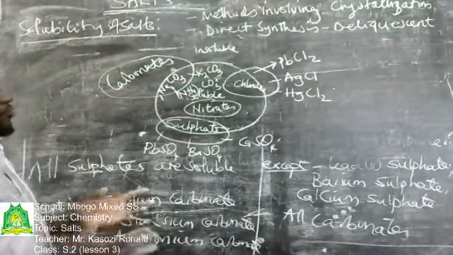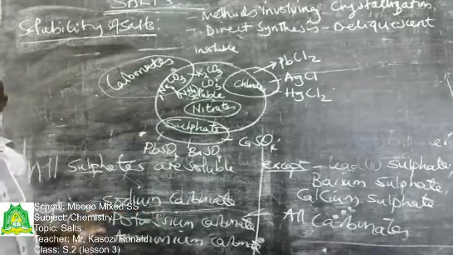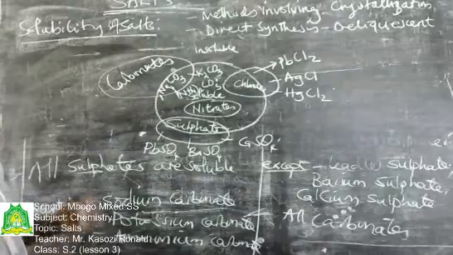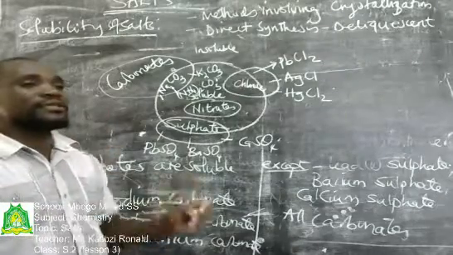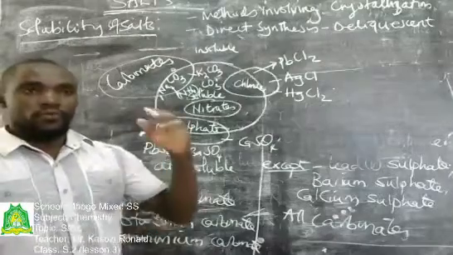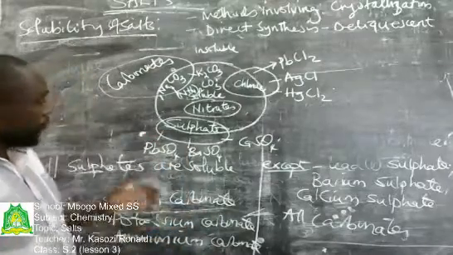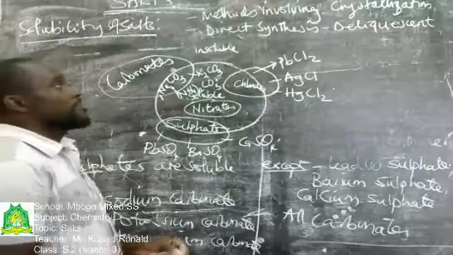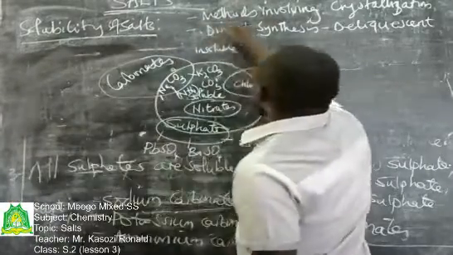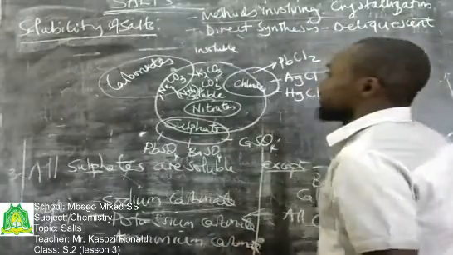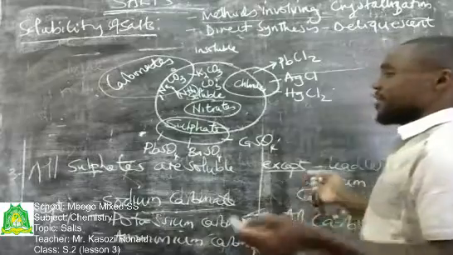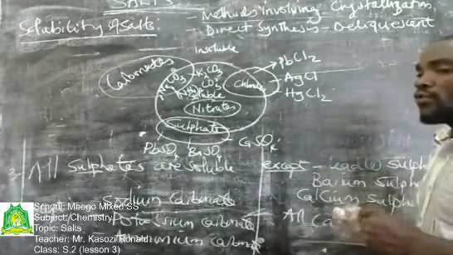So the method of preparation of a salt depends on whether the salt to be prepared is soluble or insoluble in water. Soluble salts, we have said, are prepared by methods involving crystallization. And those methods depend on whether all the reactants are soluble in water.